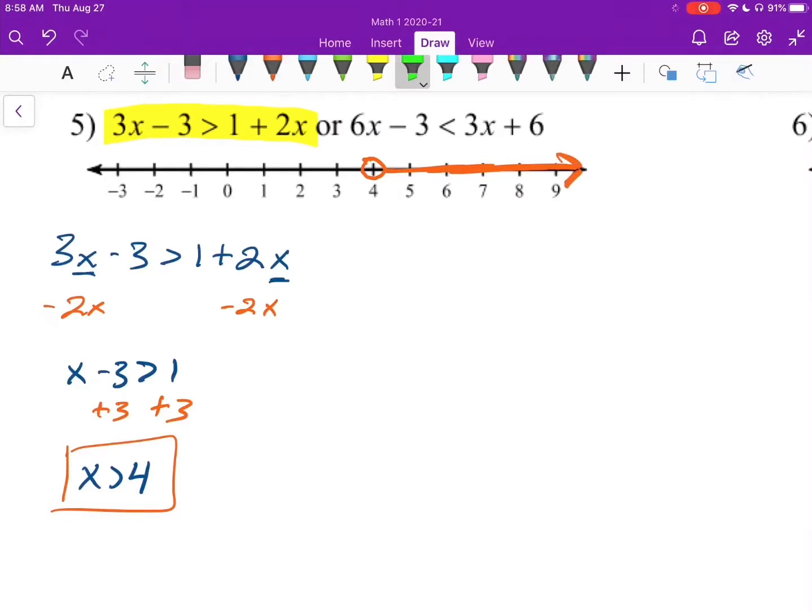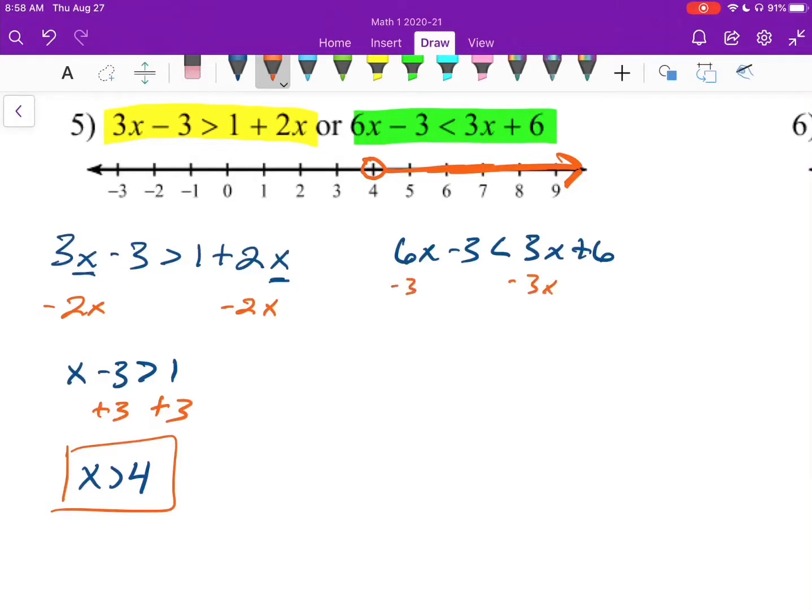Next up, we have this guy here. So I'll say, well, 6x minus 3 is less than 3x plus 6. Again, I'm going to put my x's on the left, so I'll subtract 3x from both sides. I've got 3x minus 3 is less than 6.